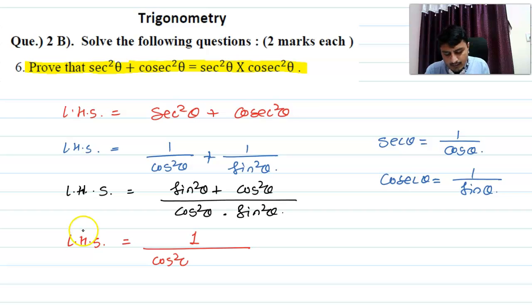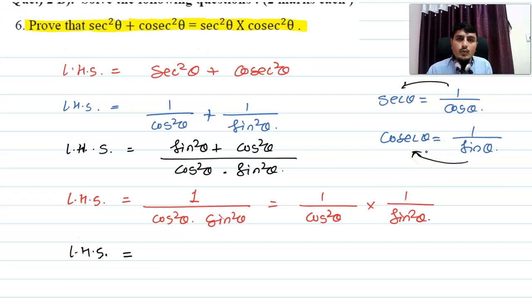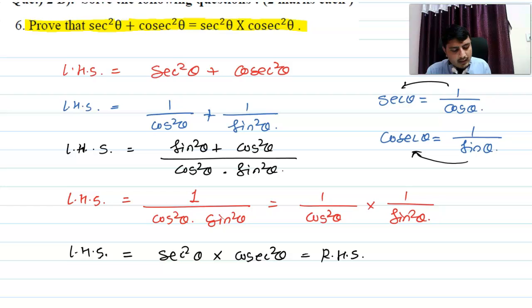Again, the reciprocal of cos of theta is sec theta, and the reciprocal of sin of theta is cosec theta. Since there are the squares, the reciprocal of cos square of theta is sec square of theta, and the reciprocal of sin square of theta is cosec square of theta, and that is exactly equal to the RHS.